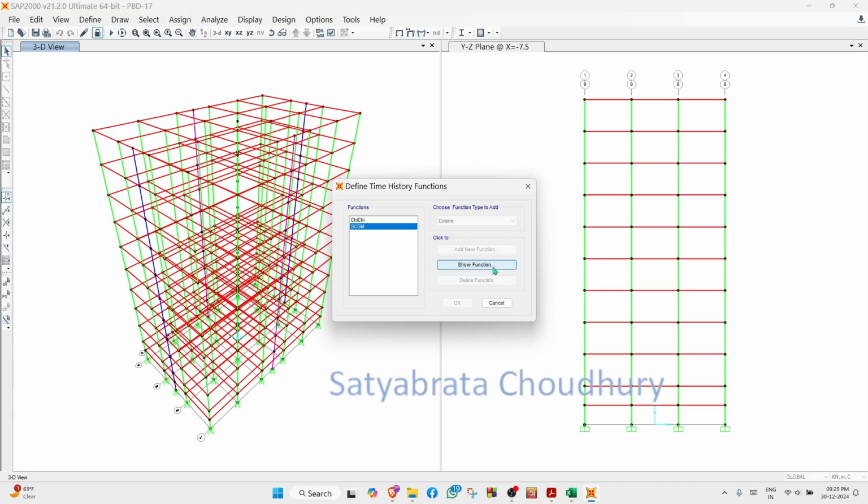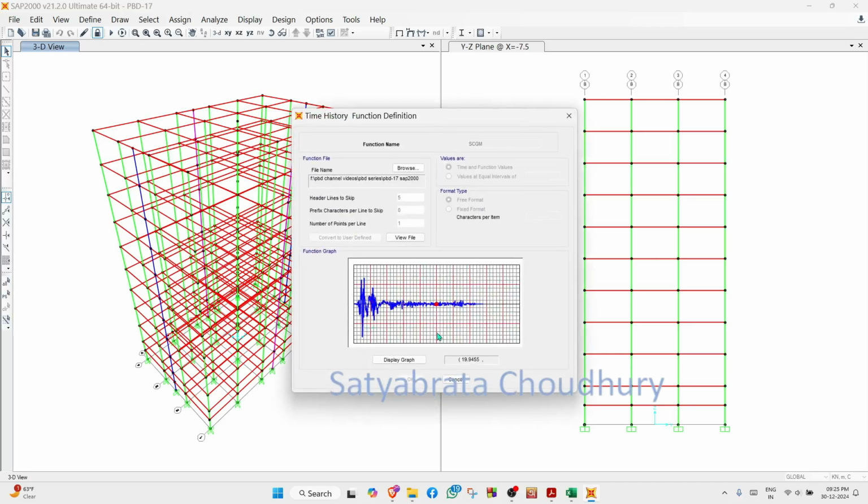So you can see the time history function. Yes, this is the time history function. We have taken the background earthquake as the El Centro earthquake, NS direction, and with that background earthquake, for that design spectrum of the EC8, a spectrum compatible ground motion has been generated through seismic software, and this is what you are seeing here.